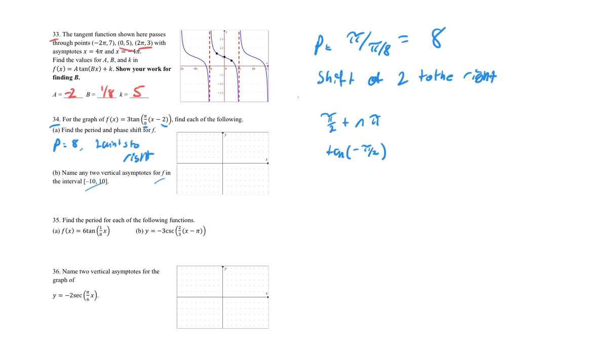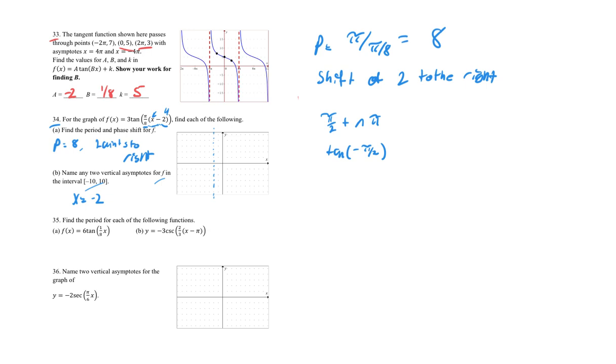That would be undefined. We can look at that and see that at -2, that should occur. And then by the time we get positive pi over 2, that x would need to be 6, because 6 minus 2 is 4. Pi eighths times 4 is pi halves.